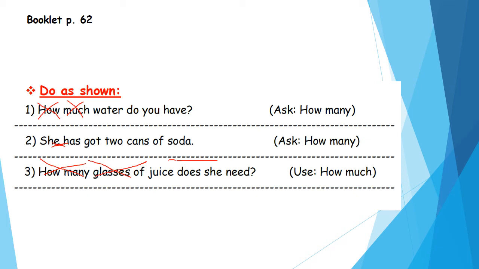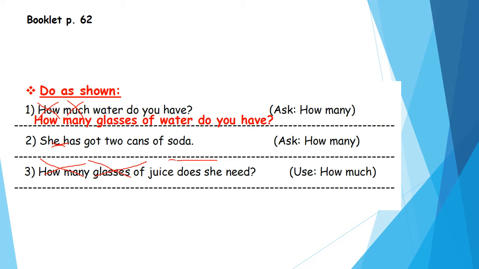So the first step, you will cross how much. Now we want to use how many, so we must use a container before water. We count the container and we don't count water. So we'll say: How many glasses of water do you have?